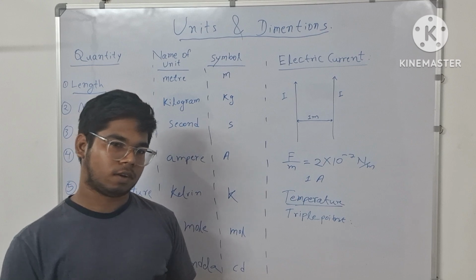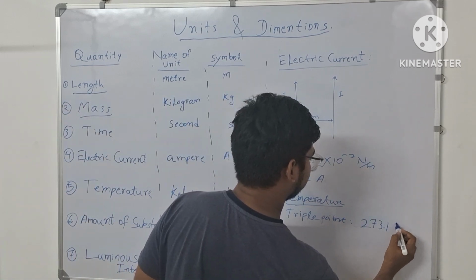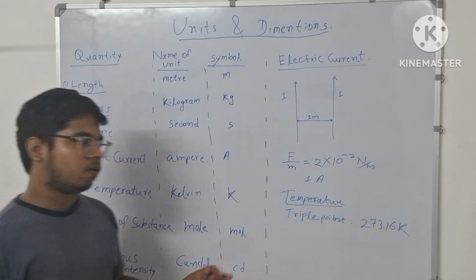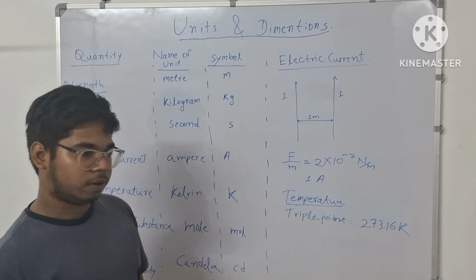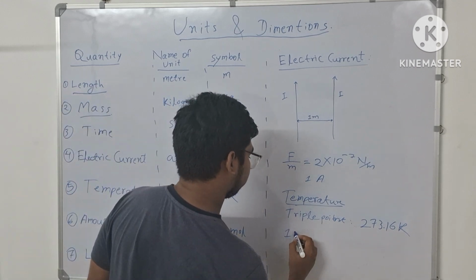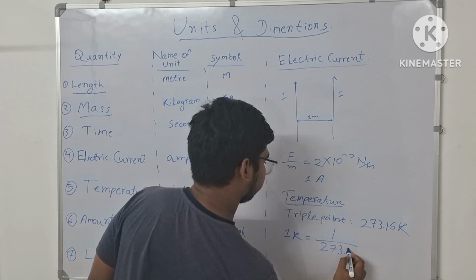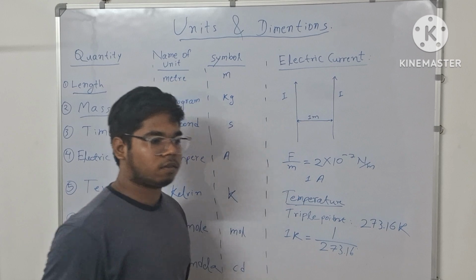That is 273.16 Kelvin. At that temperature, water exists as vapor, liquid and also in solid phase. So we take 1 Kelvin as 1 by 273.16 of that. This is our 1 Kelvin.